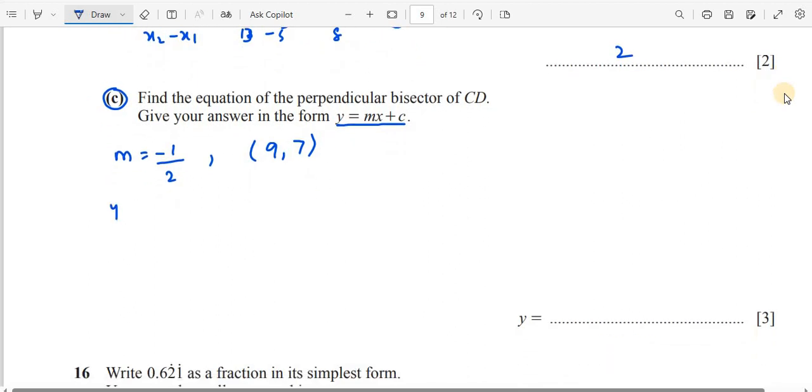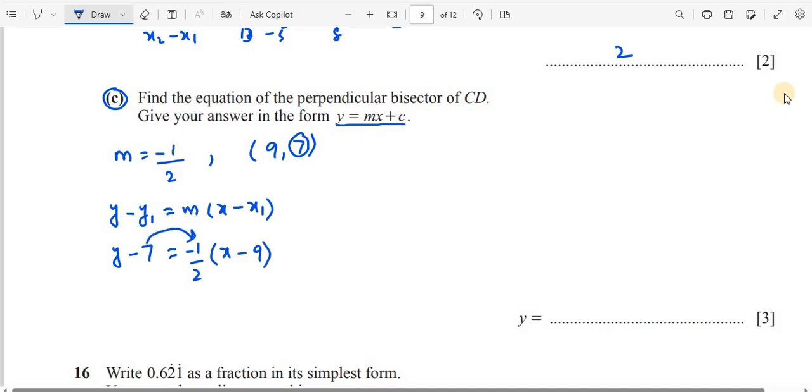So use the formula y minus y1 is equal to m into x minus x1. y minus y1 is 7, m is minus 1 by 2 into x minus x1 is 9, so shift minus 7 to the other side. y is equal to minus 1 by 2x, minus 1 multiplied by minus 9 is plus 9 over 2 plus 7.